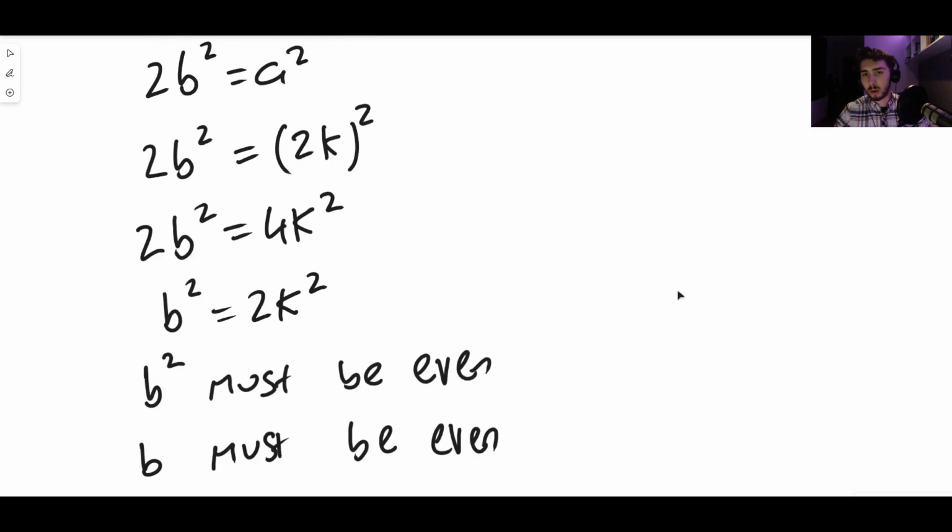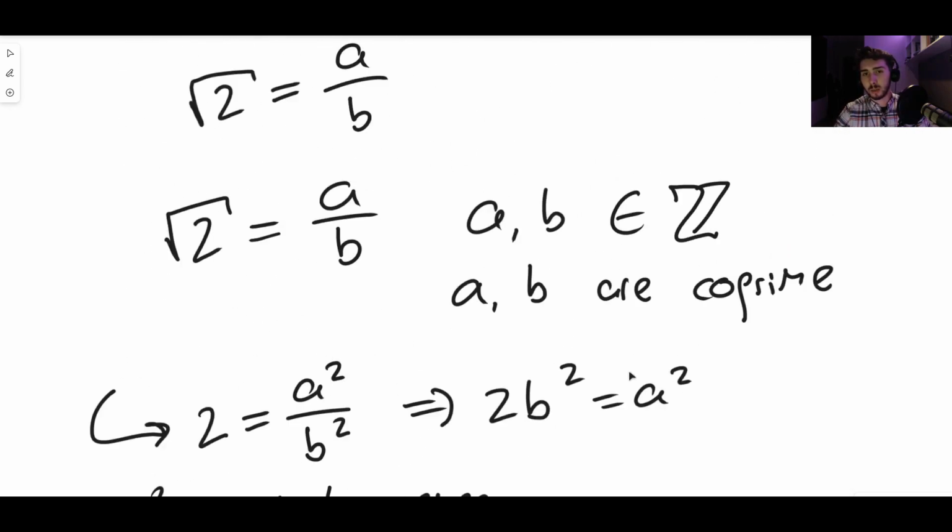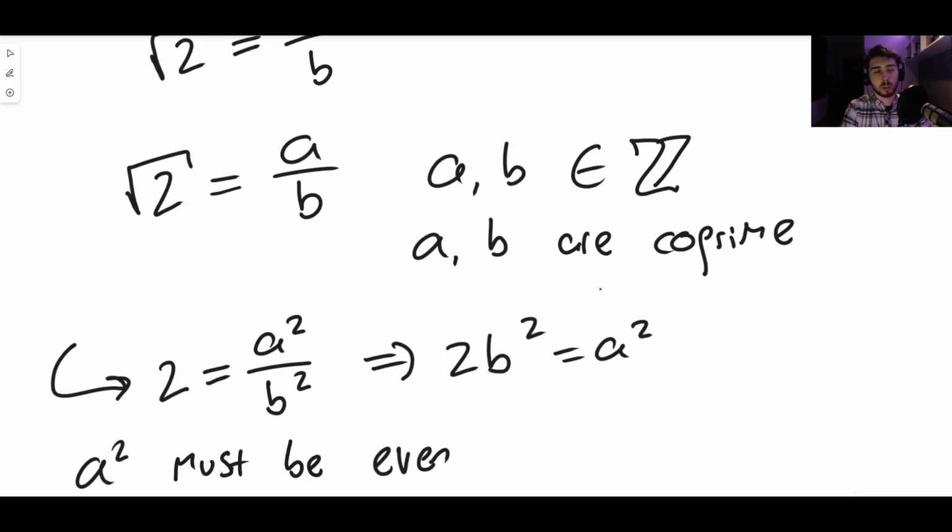We assumed that the square root of 2 can be written as the quotient of 2 whole numbers, but we also said here that a and b are co-prime, which means they share no common factors. Yet we've proven a common factor of 2, which means that we must have made a mistake somewhere in this working out.